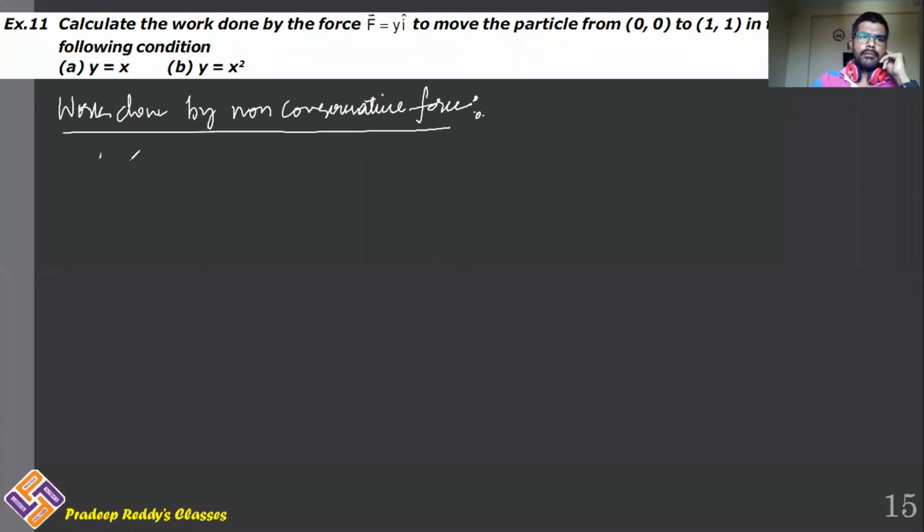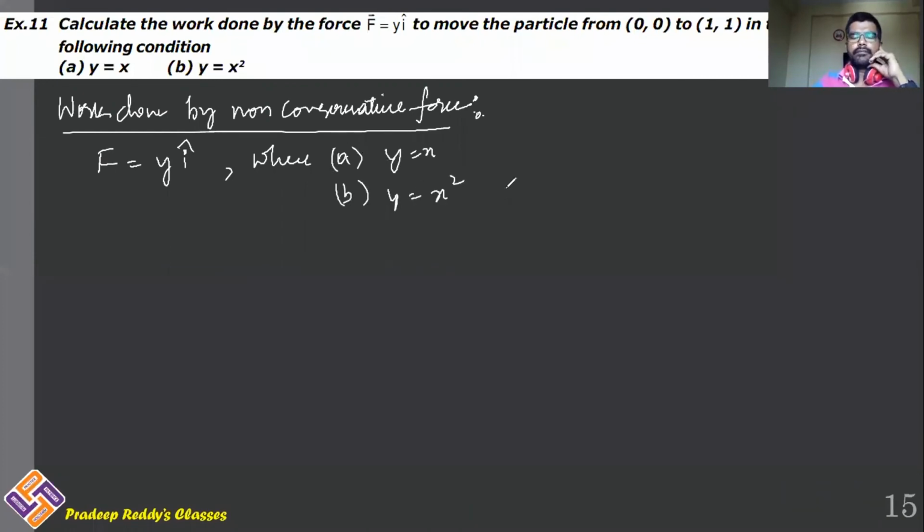Here in this problem, we are being given F is equal to y i cap, where in question A, y is given as x, and in question B, y is given as x square. That means in the first case, when you are going along this path, y is variable with respect to x. That means y can be taken as x. And in problem B, you should take y is equal to x square. The initial position of the particle is 0, 0 and the final position of the particle is 1, 1.